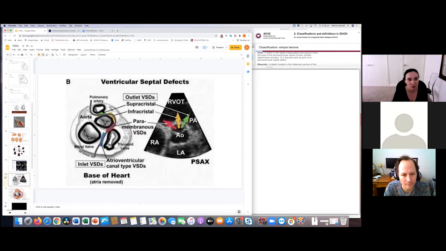In between them, you have your outlet VSD between the pulmonary valve and the aortic valve, your inlet VSD between the mitral and tricuspid valve, and then your perimembranous between the tricuspid and the aorta. That's also where you would get a Gerbode defect if you're a little bit higher, looking into the right atrium.